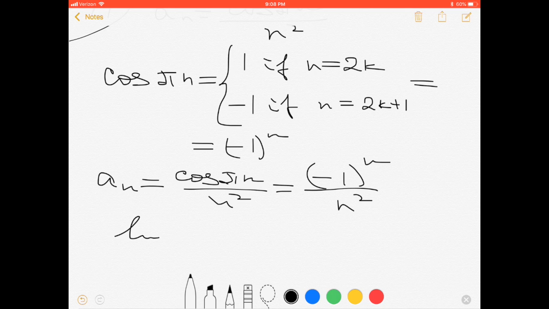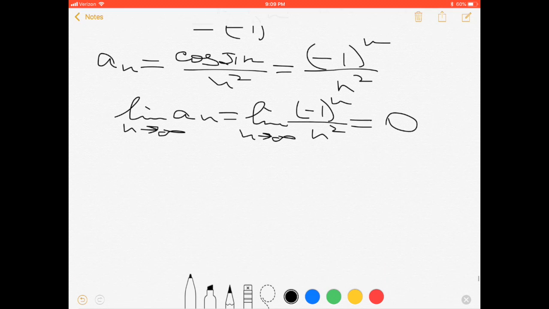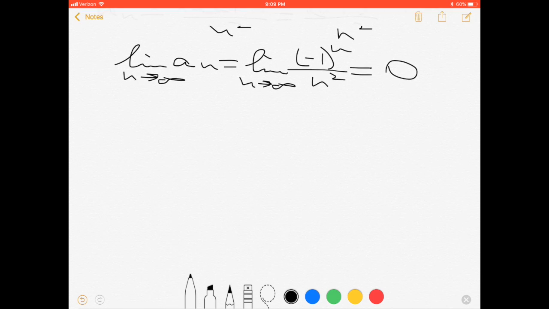And what will be the limit of a_n? It will be the limit of negative 1 to the power n over n squared as n approaches infinity, and in any situation it will be 0. See? Okay, great.